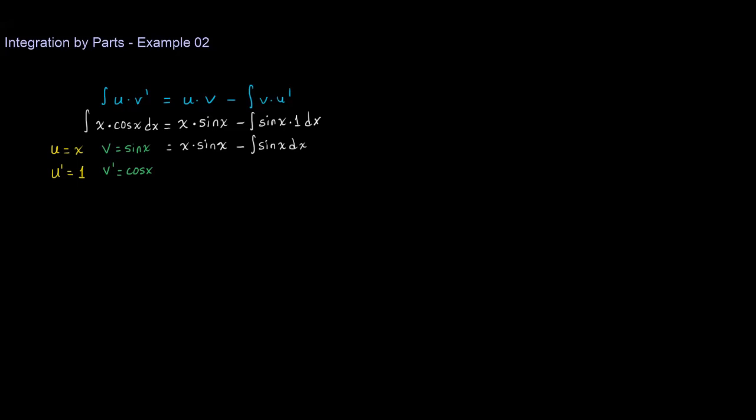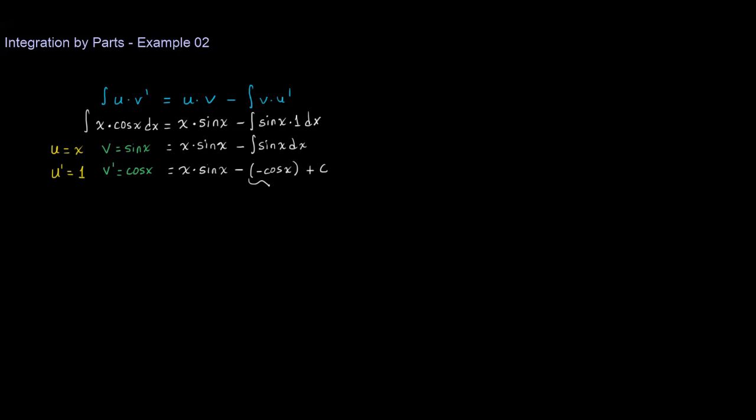And actually, this integral of sine of x dx, we know its solution. So x sine of x would be minus the solution for this, which is actually, I'm going to write it this way, minus, minus cosine of x, plus c.